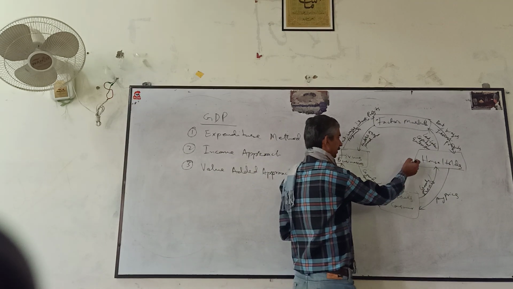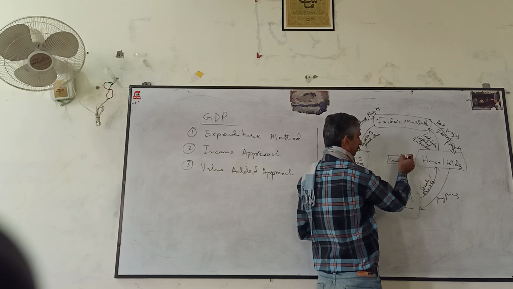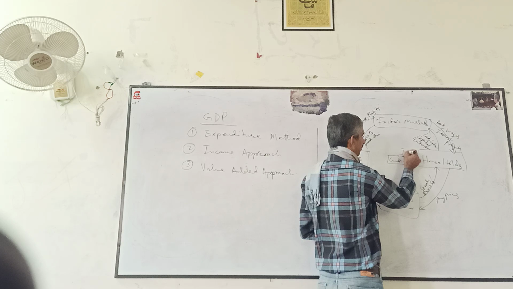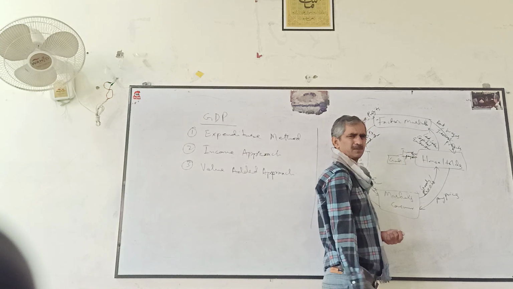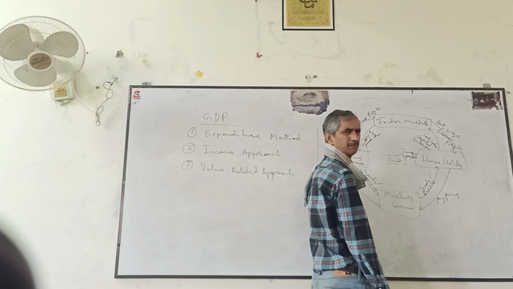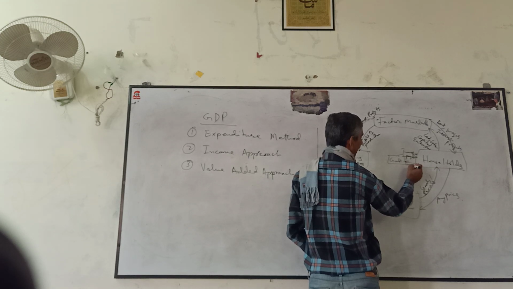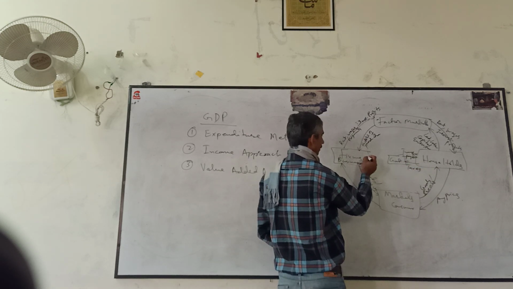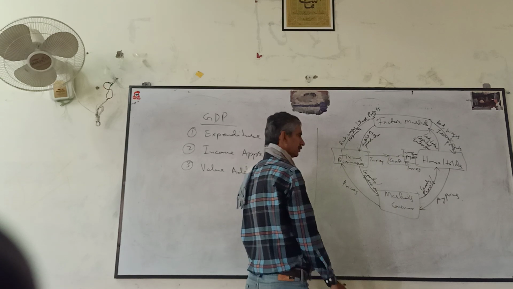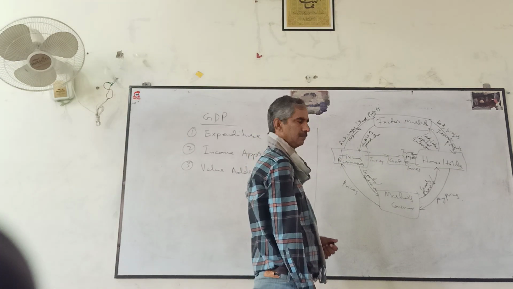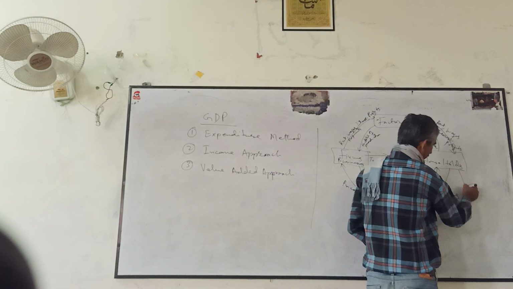Even the government is in between. Government makes transfer payments, pensions, retirement funds, and other payments to the households, and these households pay the taxes. Firms also pay the taxes.